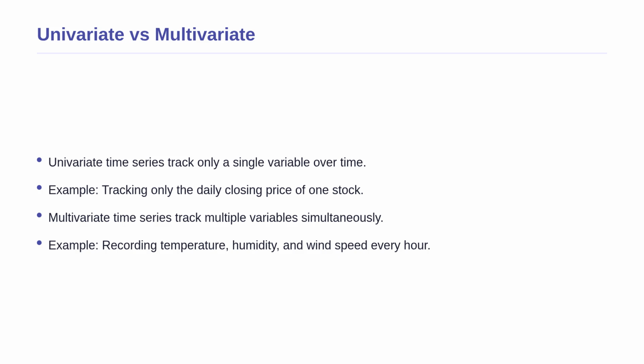However, if we track multiple variables simultaneously, it becomes a multivariate time series. For example, if a weather station records temperature, humidity, and wind speed every hour, these three separate measurements are tied together by the exact same hourly timestamps. We study them together because variables often interact with each other over time, like wind speed affecting the temperature.